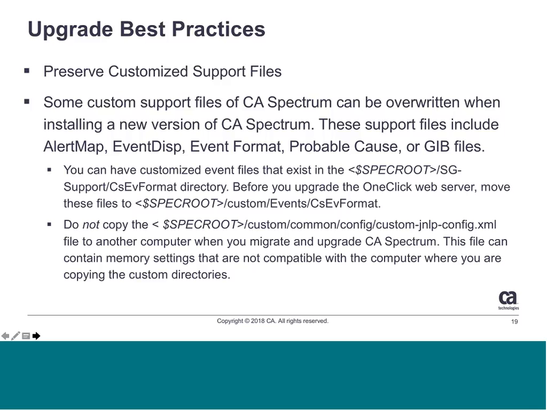Before you upgrade the one-click servers, you can move these files to the spec root, custom events, CSEV format folder. And it's important that you not copy the XML file to another computer, because when you migrate and upgrade CS Spectrum, these files actually contain memory settings that may not be compatible with the computers where you're trying to copy the custom directory.